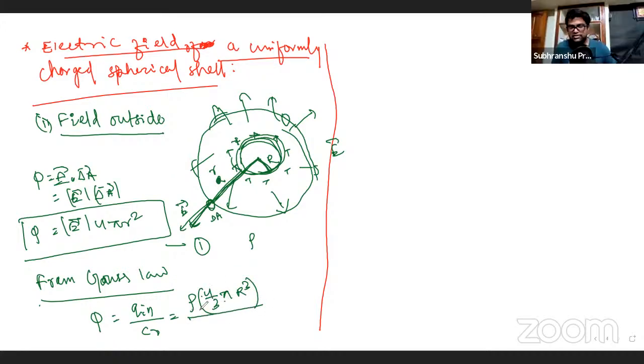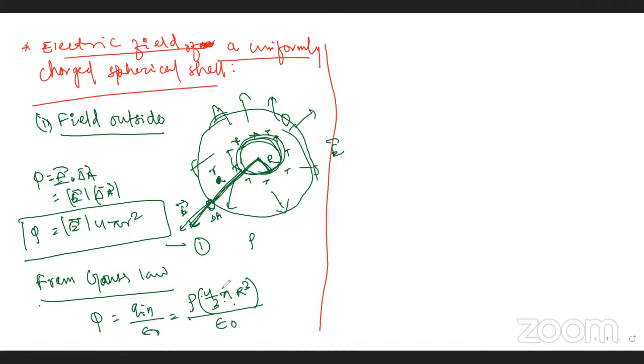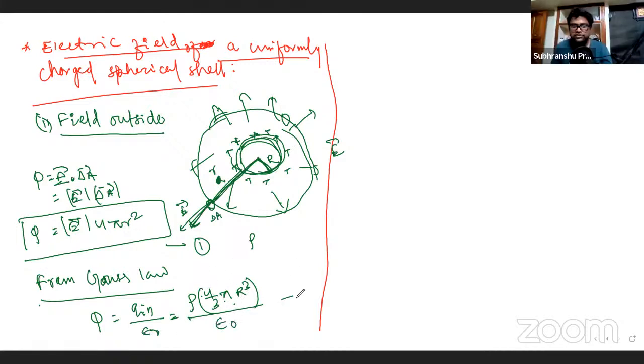Volume into density, that is the number of charge per unit volume into this volume, will give you the charge inside. This is the Gauss law, so this is your equation 2. Same procedure we will follow.